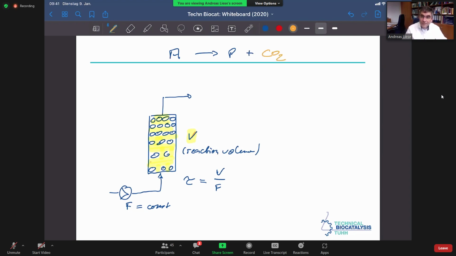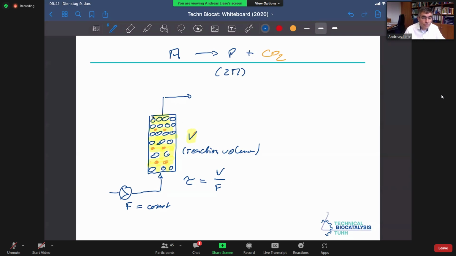What is our challenge? The carbon dioxide generates gas bubbles in the reactor because it is degassing, because we said the product has a concentration of 2 molar. If you remember.